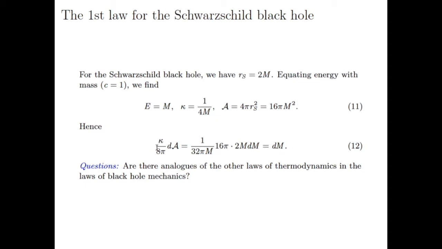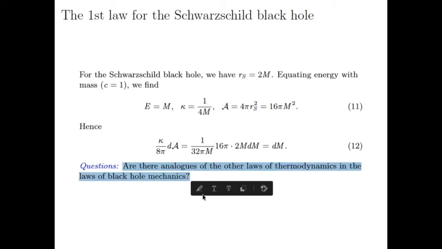And so kappa over 8 pi times dA is precisely dm, if you vary m by an infinitesimal step dm. So that's the analogy between the first law of thermodynamics and the first law of black hole mechanics or black hole dynamics. And now the question is, are there analogs of the other laws of thermodynamics in the laws of black hole mechanics?